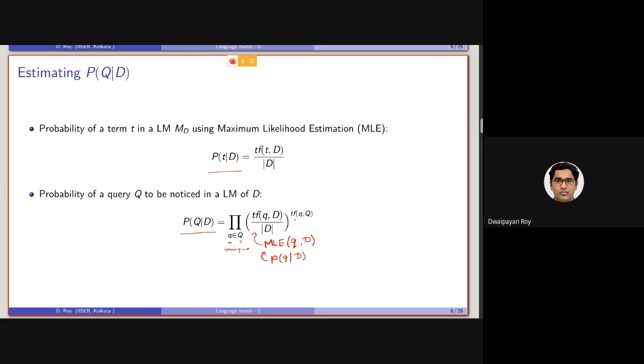And this is how many times the query term itself occurs in the query, so this is in the power. So TF of Q in D divided by the length of D, to the power TF of the term Q in the query.